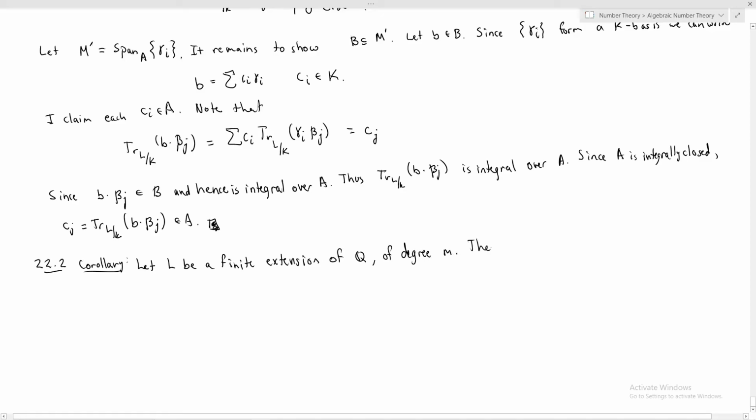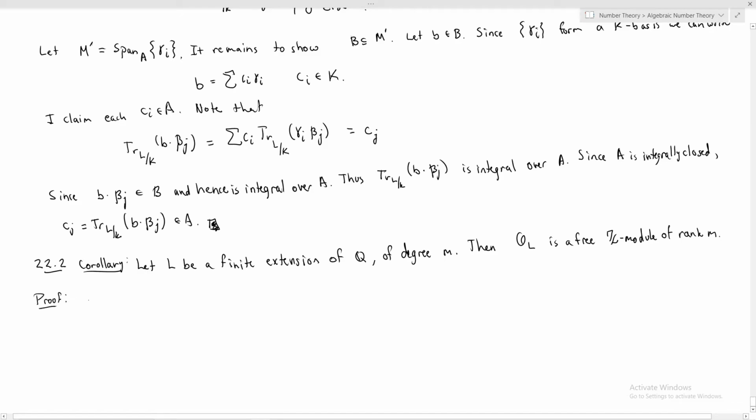Then O sub L is a free Z module of rank m. And how do we prove it?